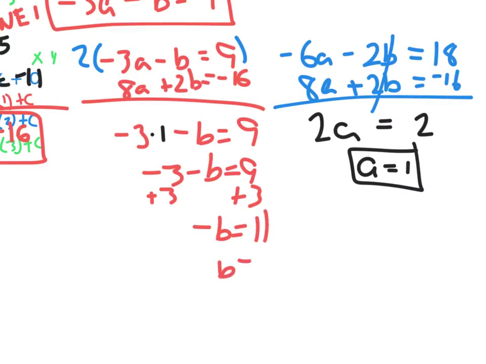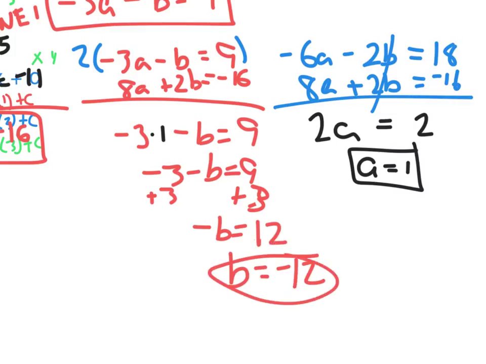So b equals negative 11. Negative 12, my bad. Math teacher cannot add. So we go back to here. 9 plus 3 is 12, not 11, which means b equals negative 12. Thank you.